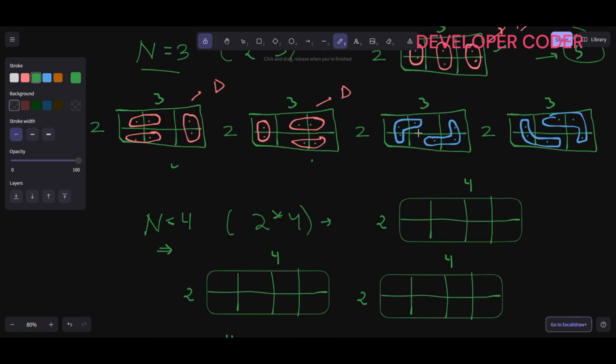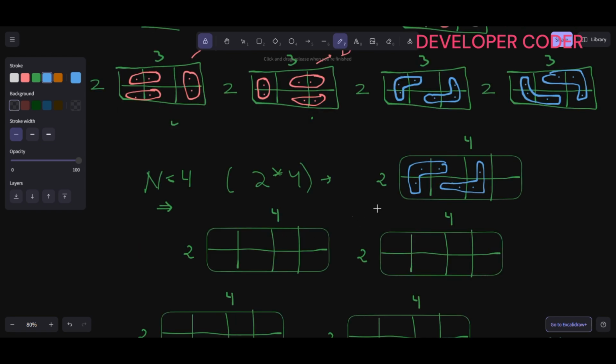Here if I use the same diagram, it is like this. And you can also use this here, and also like this here. Here also you can use the same thing.